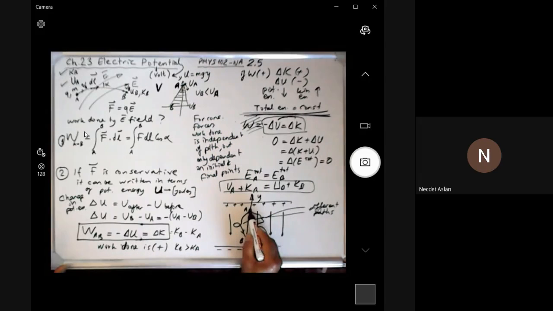So it doesn't matter how the charge is moving, whether in this direction, or in this path, or maybe straight. Doesn't matter. The work done is found with the same expression.